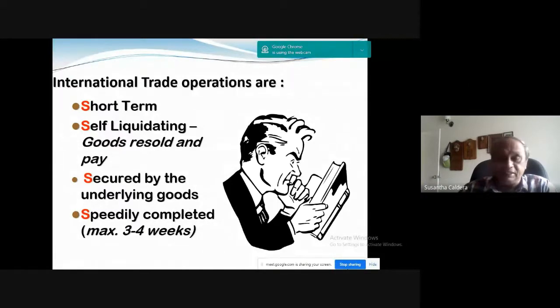The transactions are speedily completed once the goods come. Maximum within 3 or 4 weeks we'll complete the transaction. Or when we open the LC also, within 3 to 4 weeks, we get the goods, right? So it is always short term, self-liquidating, secured by underlying goods and speedily completed. 4S's, right?